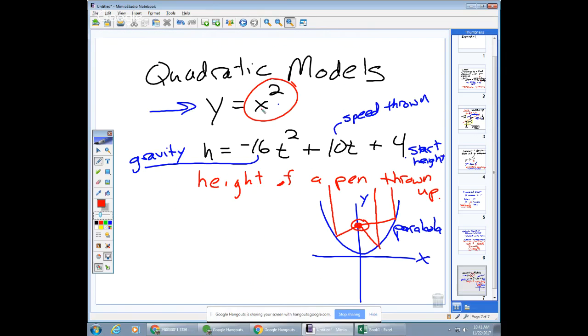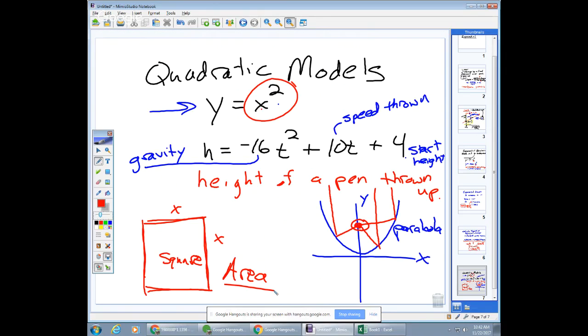Well, if you consider x a measurement, then x squared literally means x by x, and I just made a square, a real square. And a square has 4 sides, and squares are related to area. So they got the name quadratic from the Greeks thousands of years ago when they were studying areas.